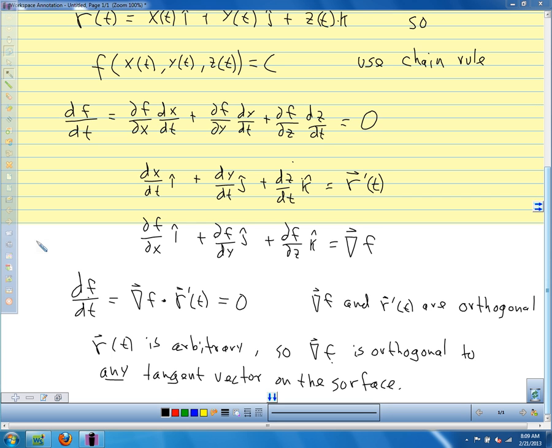Okay. So what we've just figured out is that del f is orthogonal to a surface f of x, y, z equals a constant.